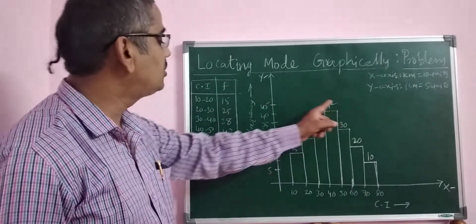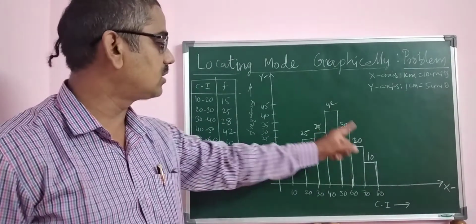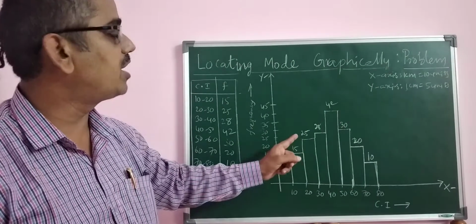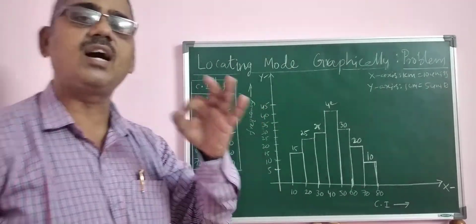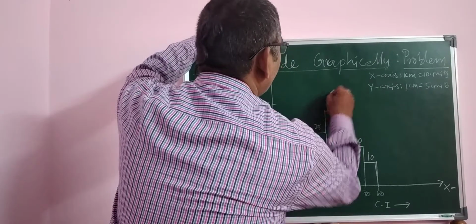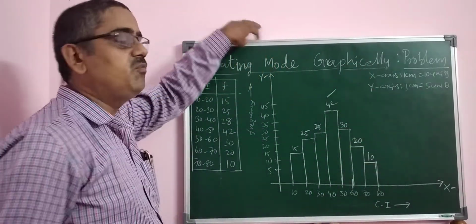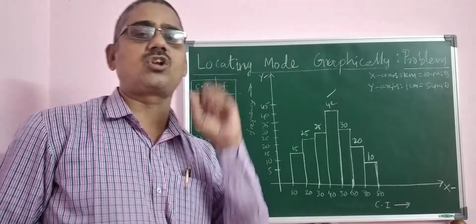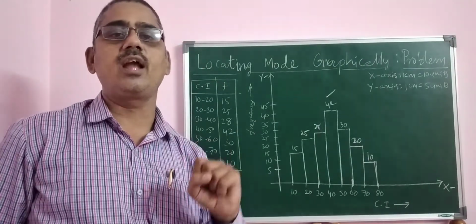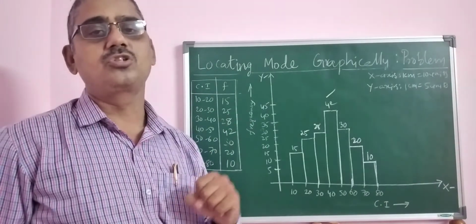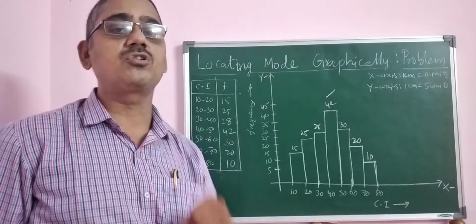Among all the bars, or rectangles, you identify the one bar which has the highest frequency, which is 42, this one, right? In it you have to draw two diagonal lines, that is, straight lines diagonally. So where do you have to start?